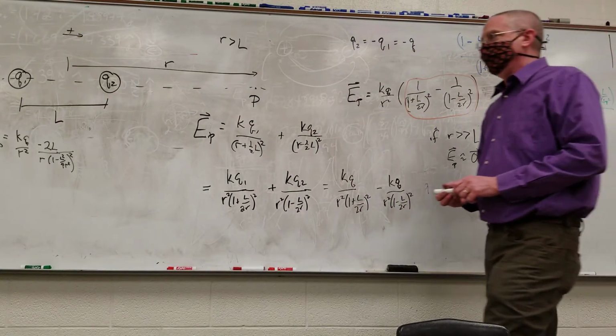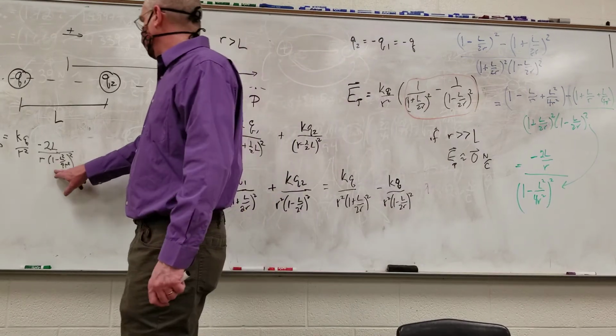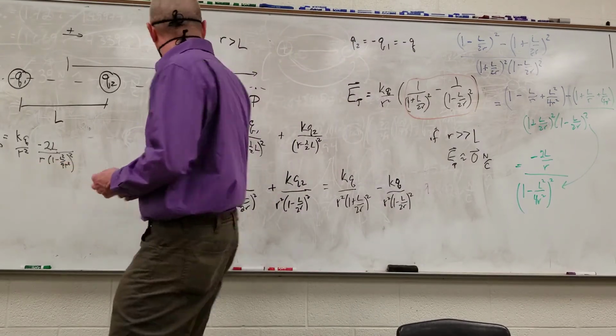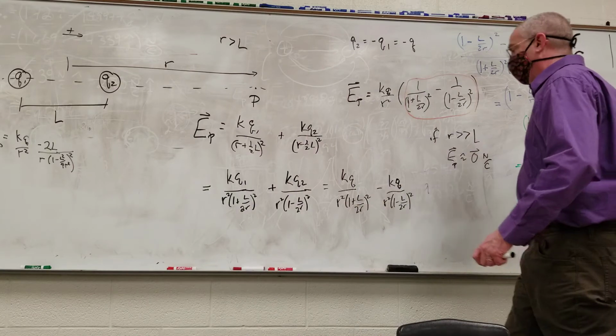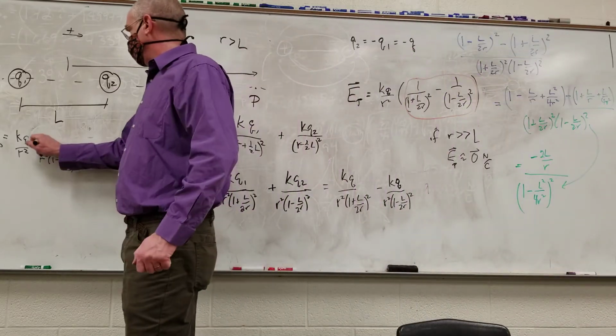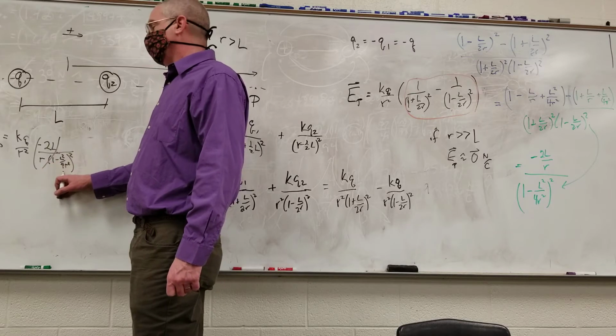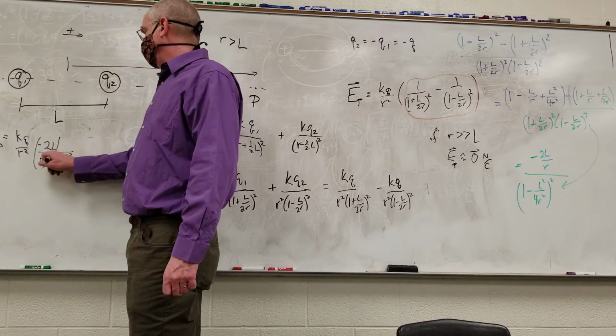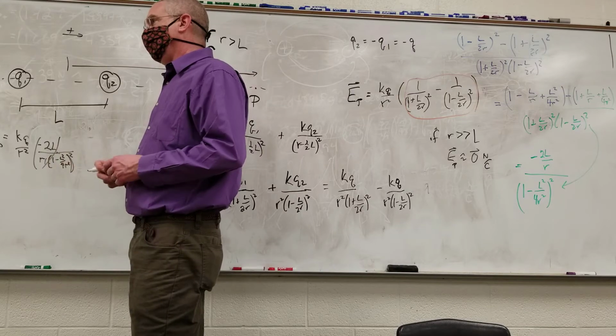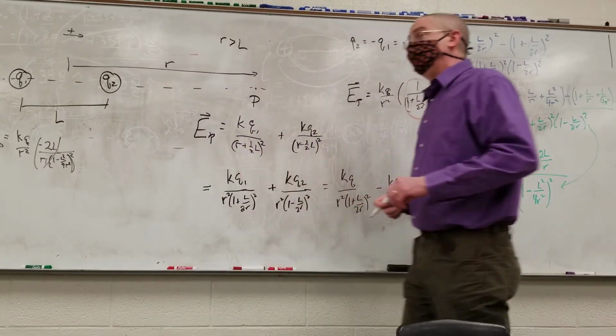Yes. What's the denominator? The denominator here, that's R, because we had negative 2L over R, so that's this right here. And then divided that by 1 minus L squared over 4R squared. And then that whole 1 minus thing squared. Is that good enough? Okay.